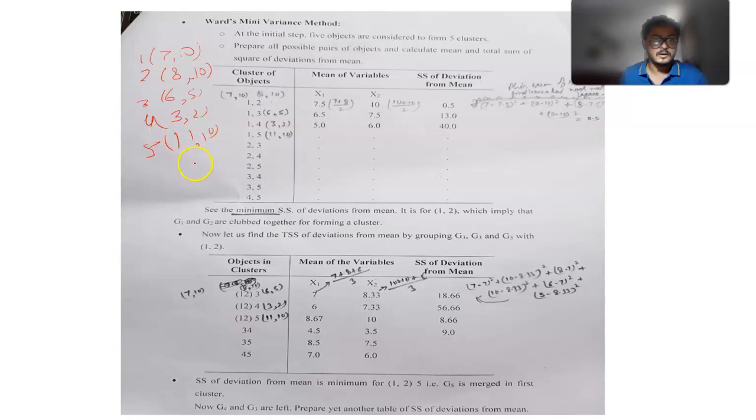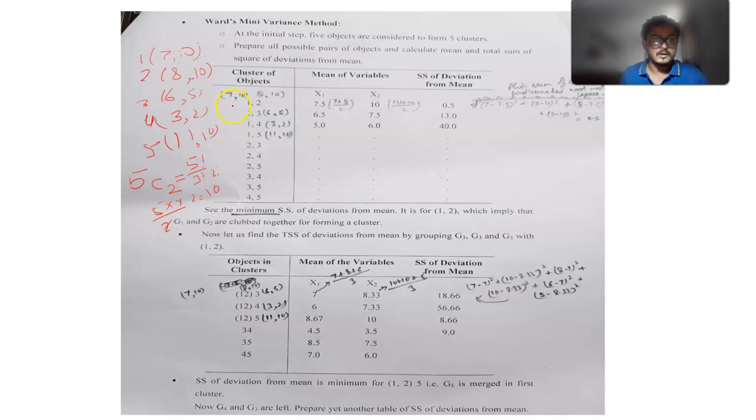On the basis of that, we can create many clusters. How many clusters can we find? There will be 5C2, which is 5 into 4 by 2, total 10 clusters.